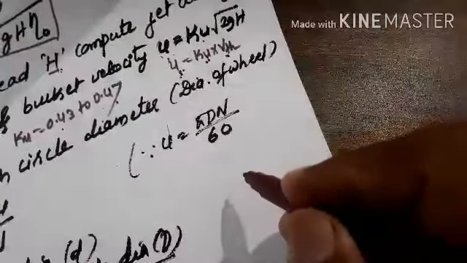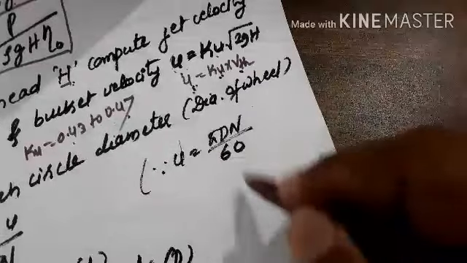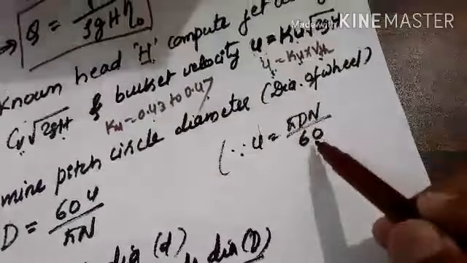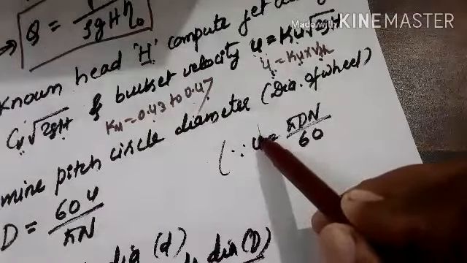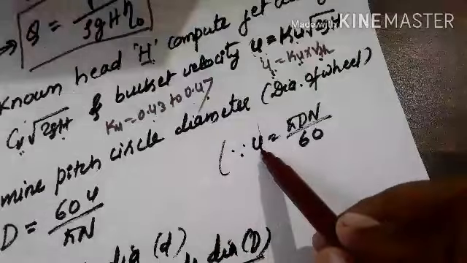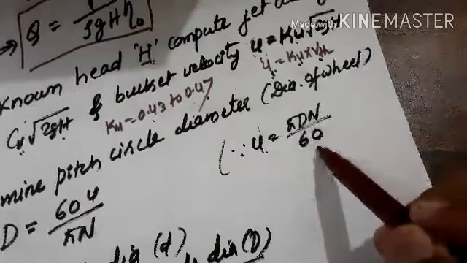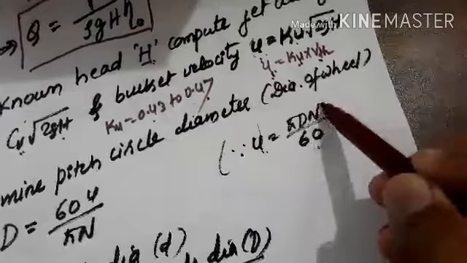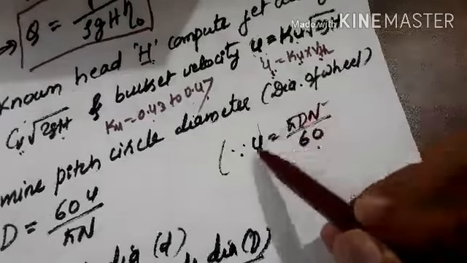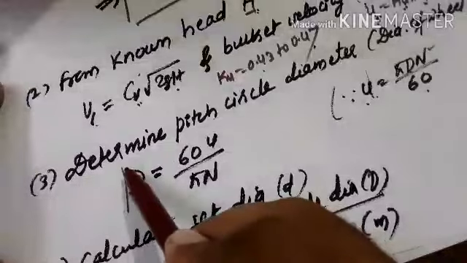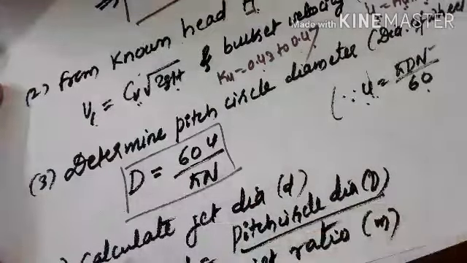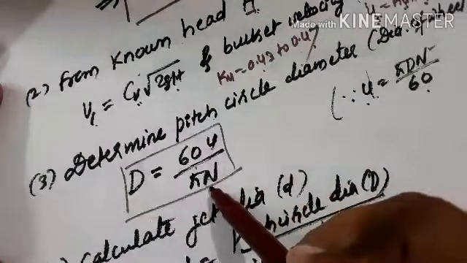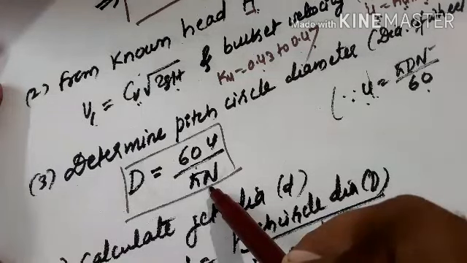As we know, the formula u equal to pi dn by 60 is the rotational velocity. Since n is known and u is known, you can easily get the diameter of the wheel, that is d equal to 60 into u divided by pi n.